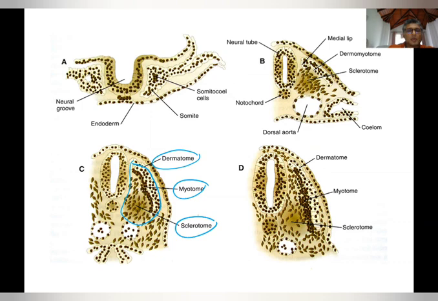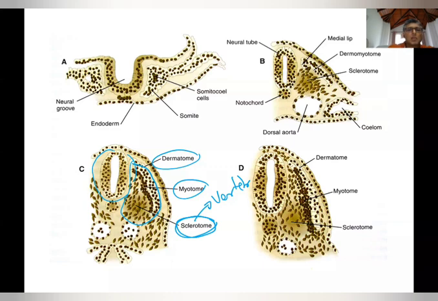This sclerotome develops into the vertebra that surrounds the spinal cord, because the spinal cord is surrounded by the vertebrae. Each vertebra is formed by the sclerotome of the somite in that area.